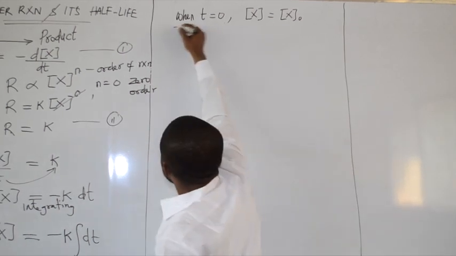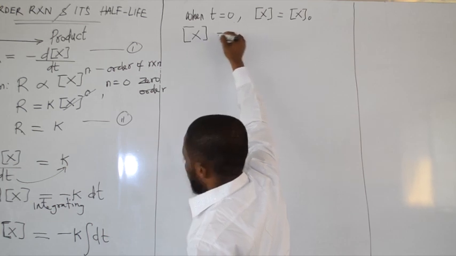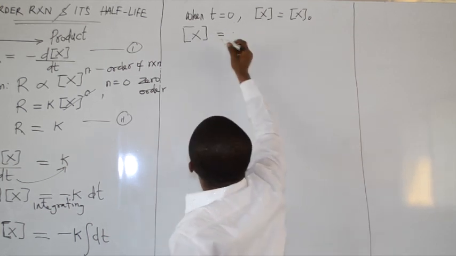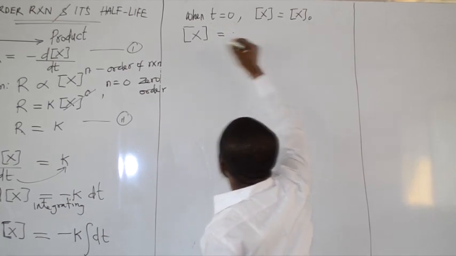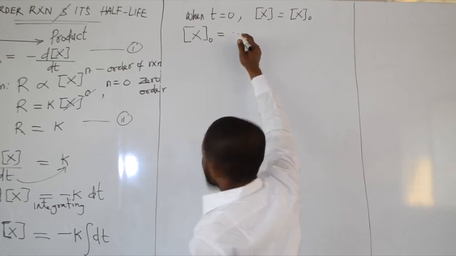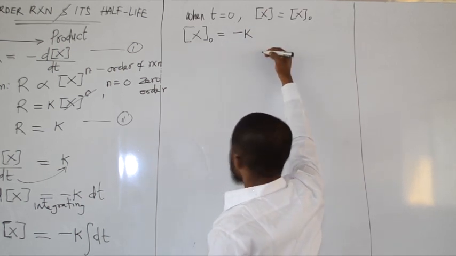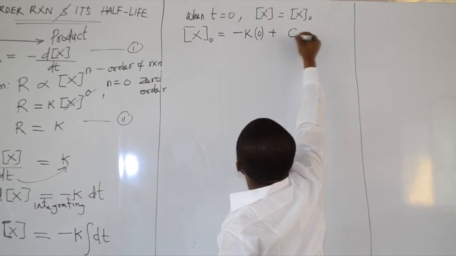Then we'll have that x is equal to, when t is equal to 0, whenever you see x, you put x naught, and then we have negative k times 0 plus c.